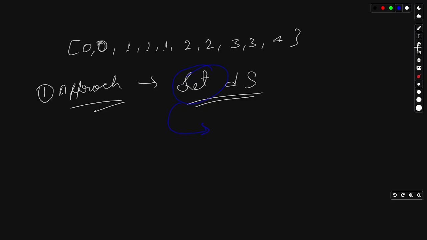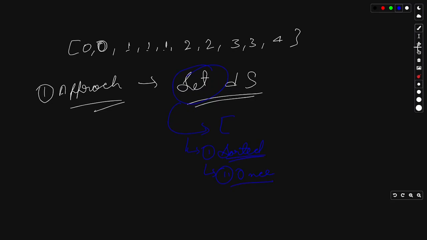Whenever we enter anything into the set data structure, it has a few properties. One of them is that it will always store elements in a sorted manner, and the second is that it will only store elements once.